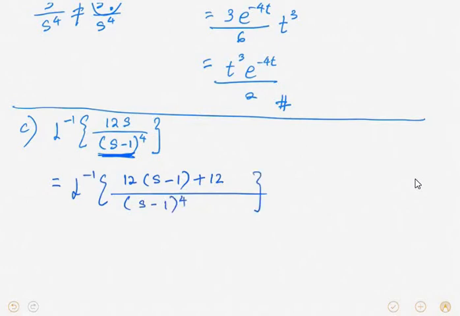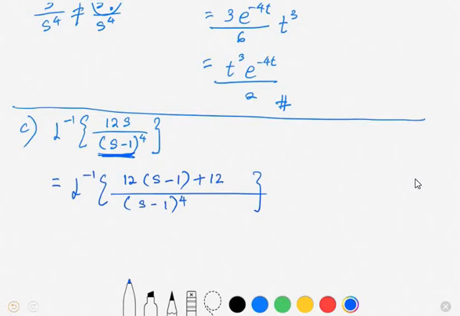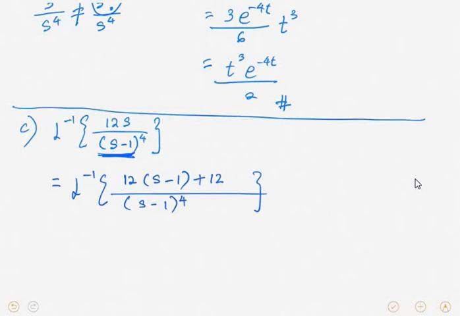Maybe you don't understand why I need to multiply 12 with s minus 1 plus 12. This is because if you want to use the first shift theorem, we need to do it like this. So here we will get 12s minus 12 plus 12. If this cancels out, we remain with the value of 12s.